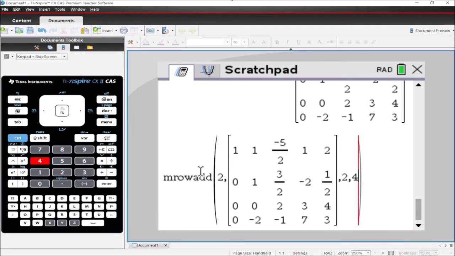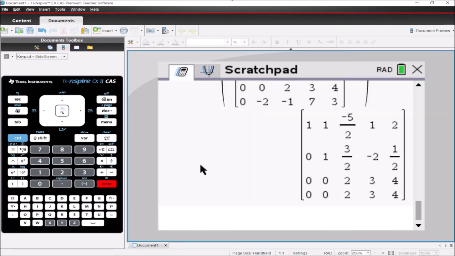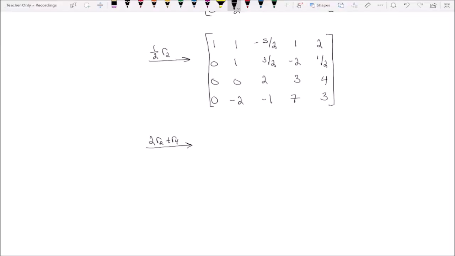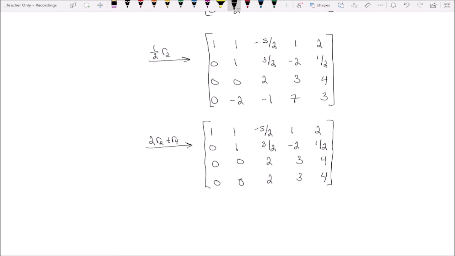We're multiplying row 2 and adding to row 4. So what I should have done here is I should have highlighted this, because that's what we're trying to zero out.